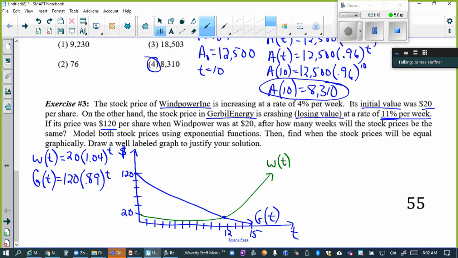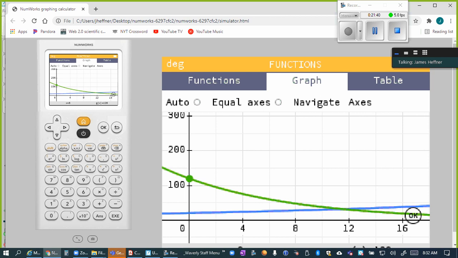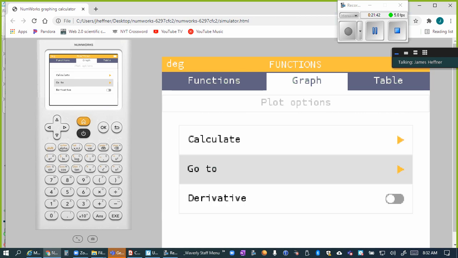Okay, so let's figure out exactly where that intersection point is. Remember, T is time in weeks, right? So let's go back to our calculator. And now down on the very bottom right, the button says EXE, execute, or whatever. I'm going to hit that. What if I hit escape? And I'm going to hit, okay.